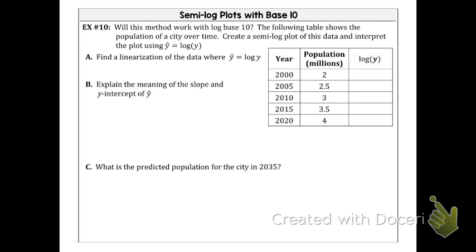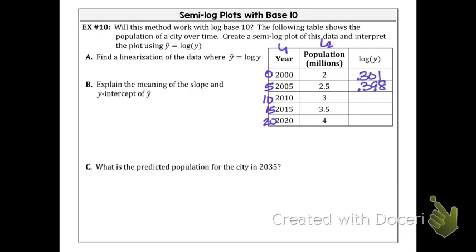I'm sorry, not natural log, log of y equation. So I'm going to put this in L1, but I'm going to use 0, 5, 10, 15, and 20. I'm going to put this in L2, and I'm going to go in L3 and type in the log of y and let it populate that for me.